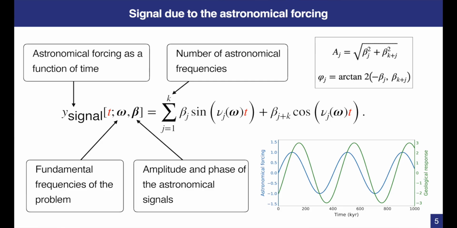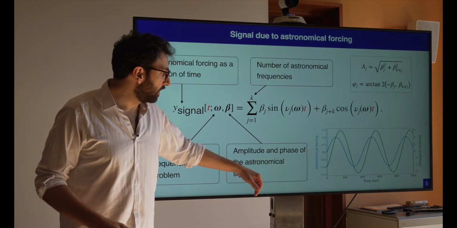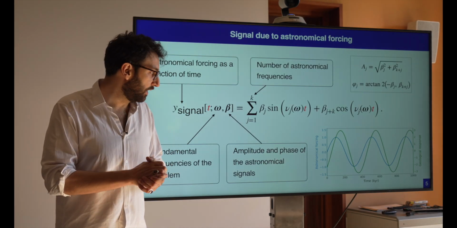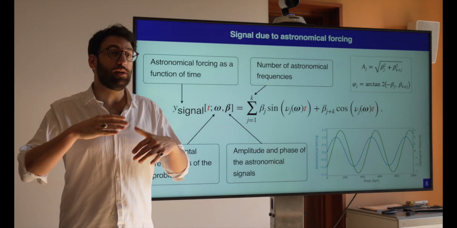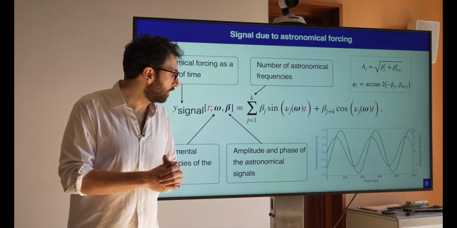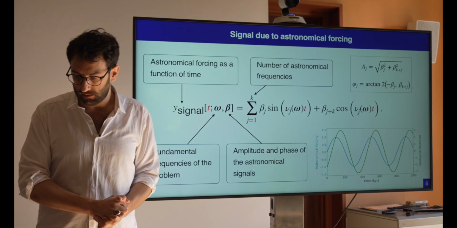So here, this astronomical signal depends both on the fundamental frequencies of the astronomical forcing, the amplitude and phase of these signals, and so it means that the response to the forcing is linear, and that we allow any kind of phase shift from the initial forcing to the response of the geological data.